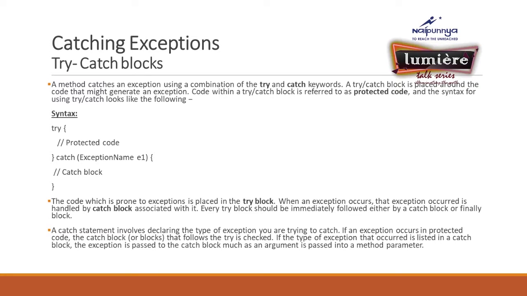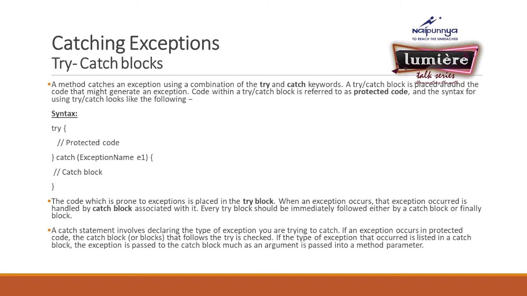For that we use the try-catch method. All the code which is prone to generate an exception is kept inside a block called the try block, and the code inside a try block is called protected code.